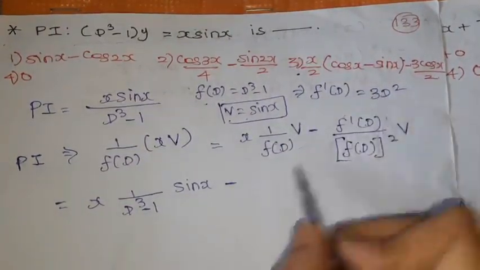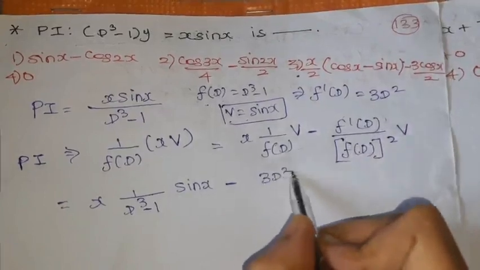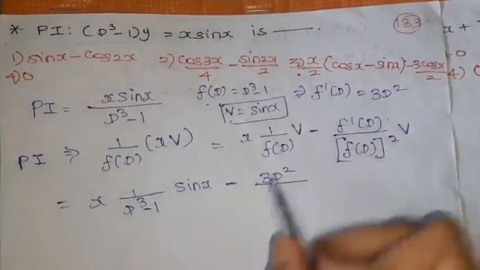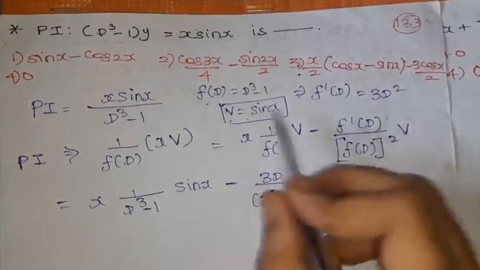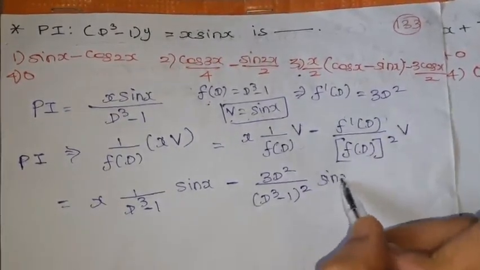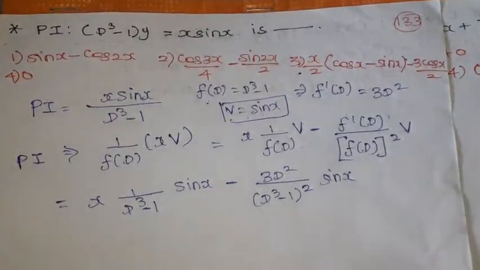So just 3D squared, divided by f of D the whole square, (D cube minus 1) the whole squared into V. V equal to sin x. Now we are going to simplify this.